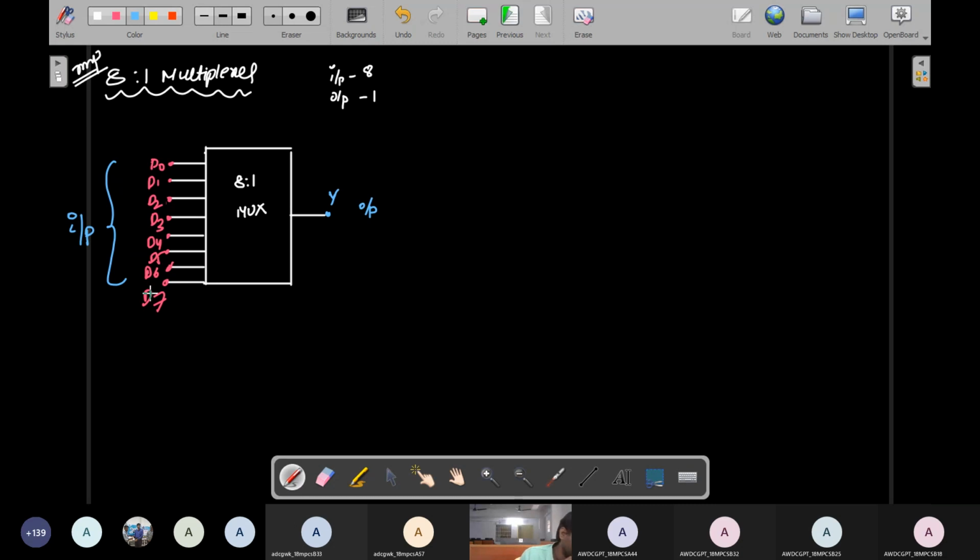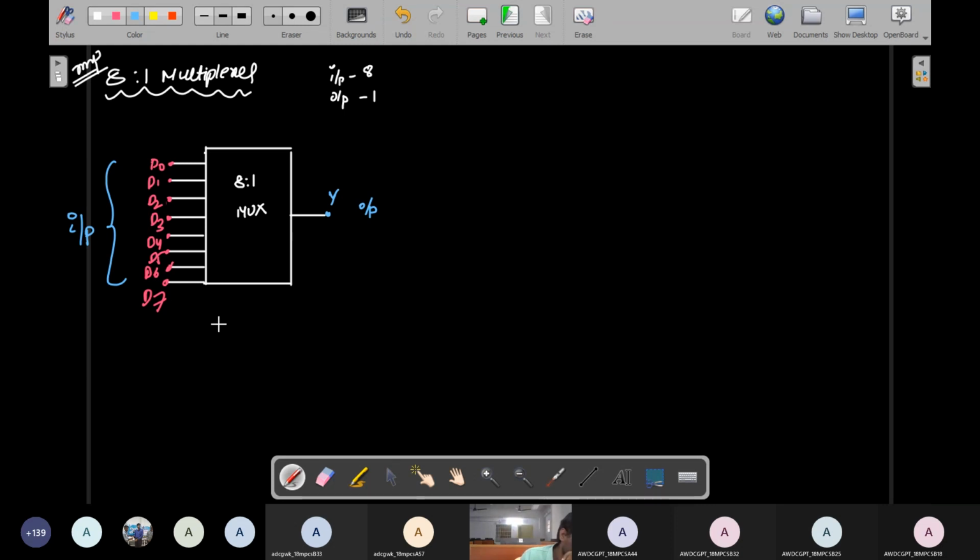Here we are using 8 inputs and collecting only one output. The selecting variables decide which input will be connected to this output, so the output terminal is connected to any one of these input terminals by using the selecting variables.